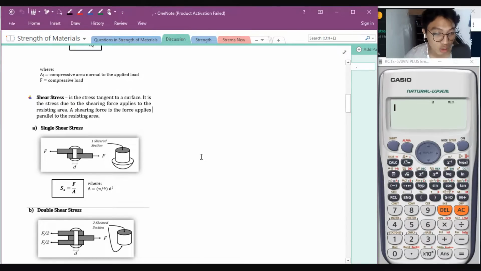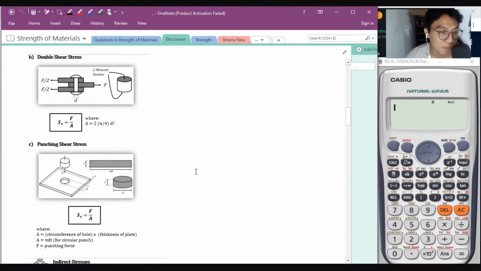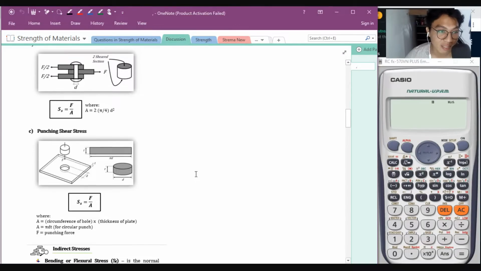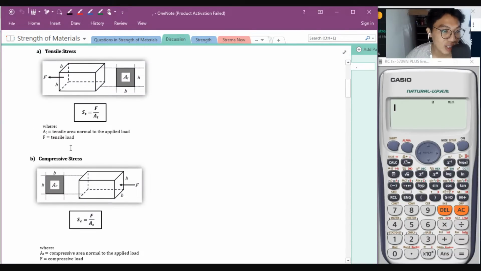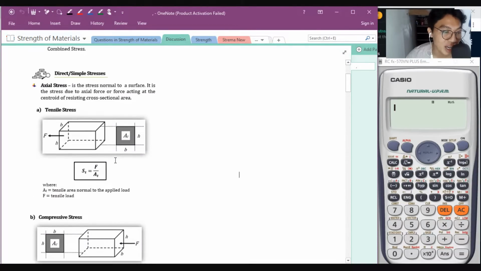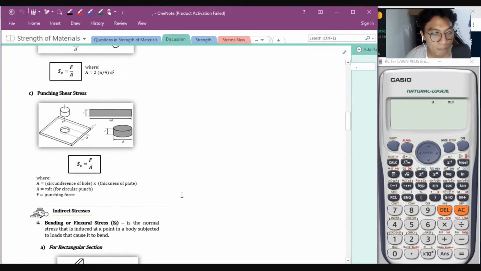Yan yung force na gumugupit sa isang material. Okay? Whether be it a single shear or double shear that will be applied on a single material. Kung sa shear, may cutting. Dito sa ating axial, meron tayong iniipit at meron tayong binabata.